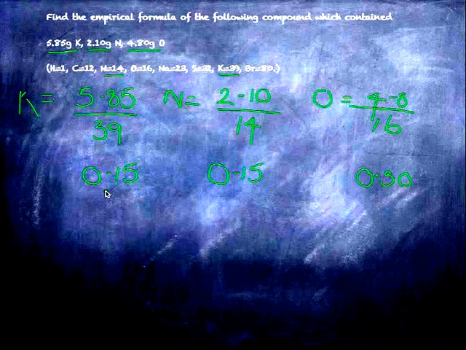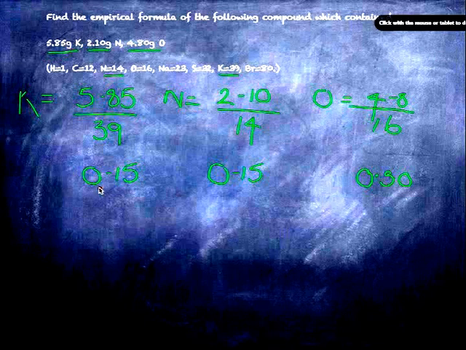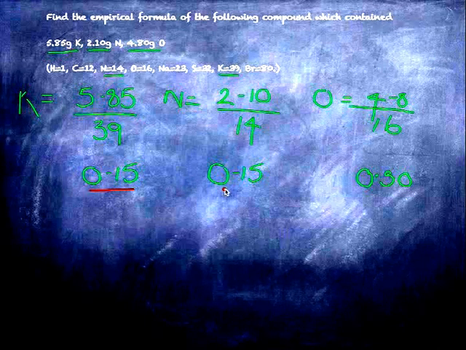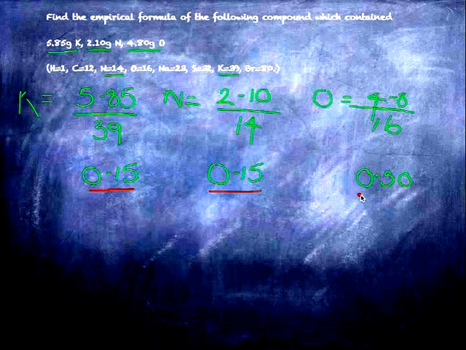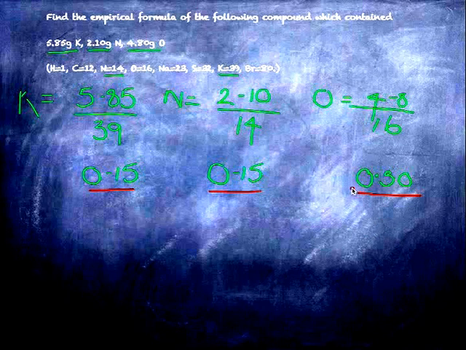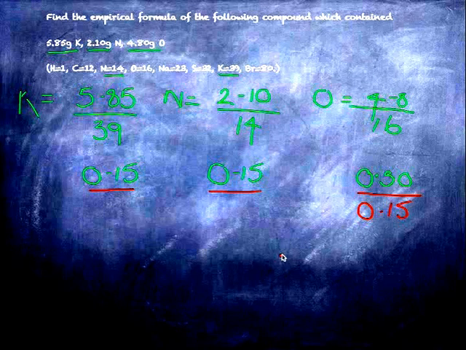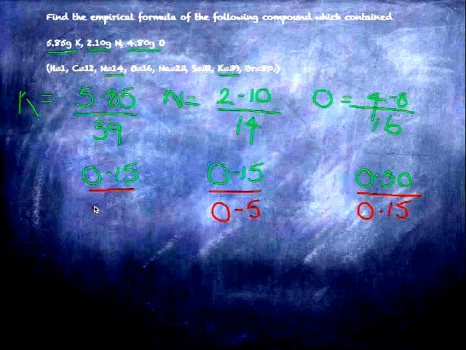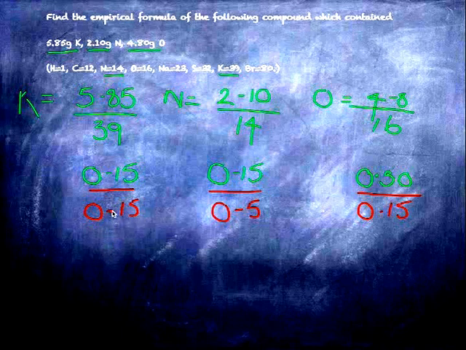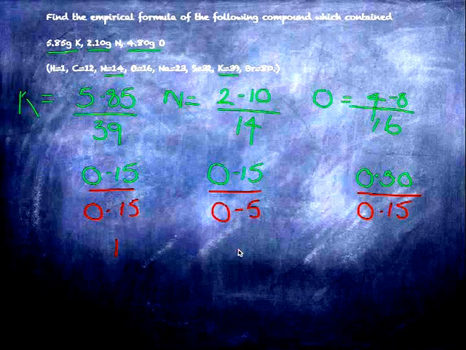So the rule is that we find the smallest number. In this case, it's clear that that is 0.15. And this is clearly bigger because it's 0.3. So what we do is we divide the larger numbers by 0.15. So everything is divided by 0.15. So obviously 0.15 divided by 0.15 is 1.